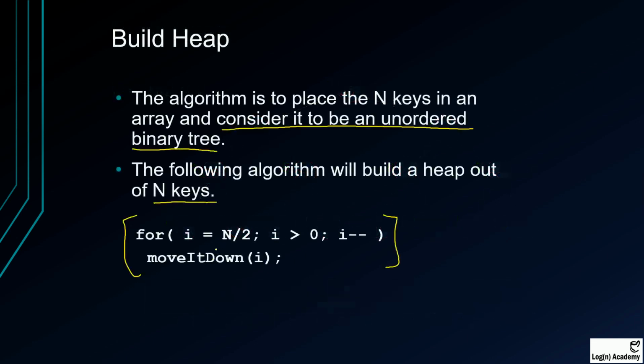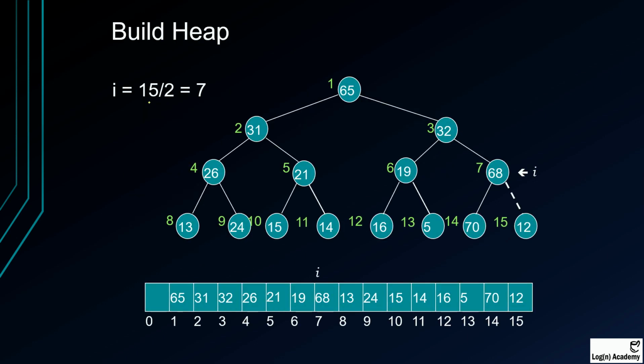The algorithm says we will loop till n divided by 2. We will loop over half of the array, and then we will apply move it down. So what is move it down doing? Let's see. The total number of elements in the array is 15, right?